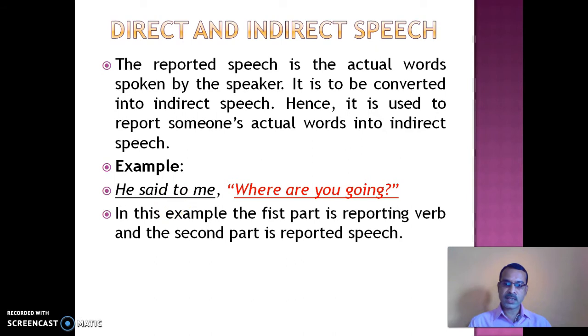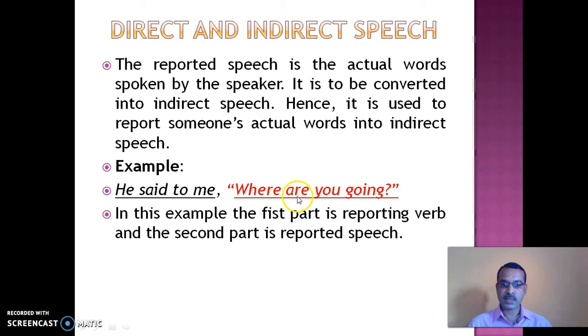While converting the direct speech into the indirect speech, there are some rules to be followed. For example, we have to simplify this reported speech. After that, we have to use the conjunctions to connect these two clauses or sentences. After that, we have to remove the comma and quotation marks from this sentence.